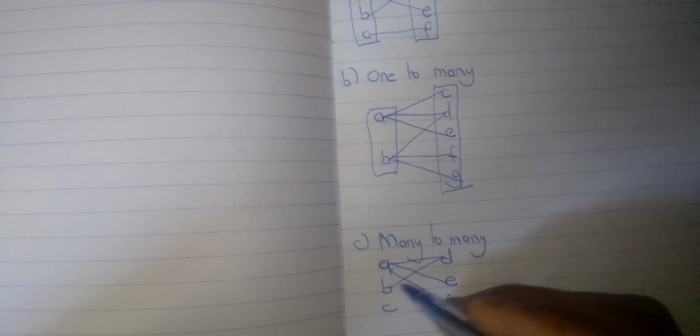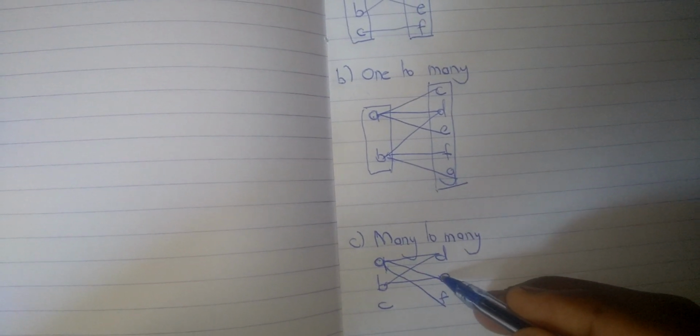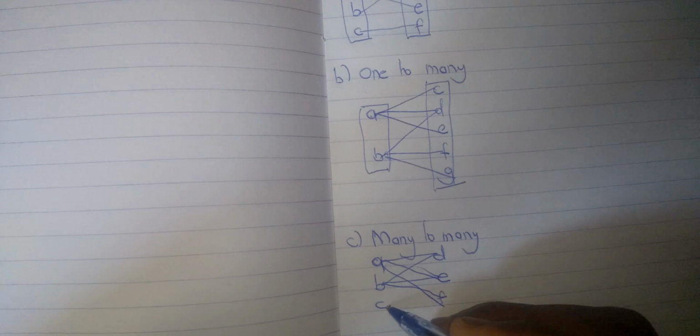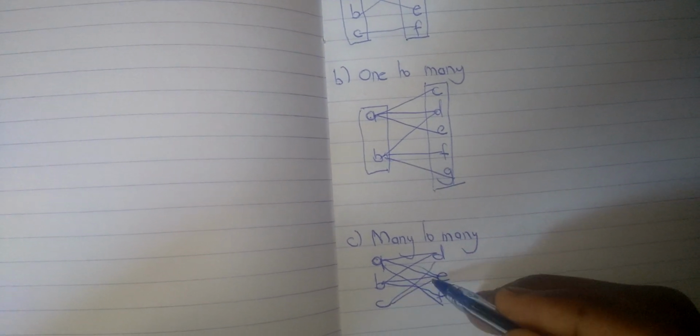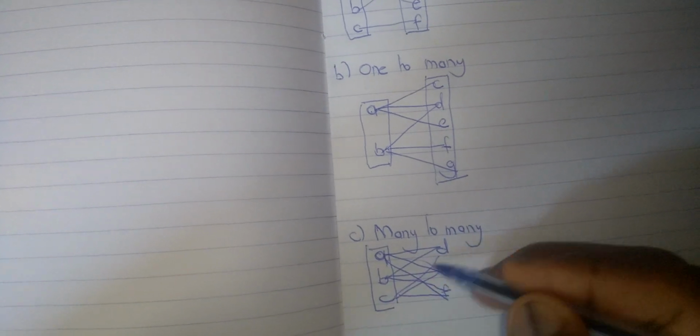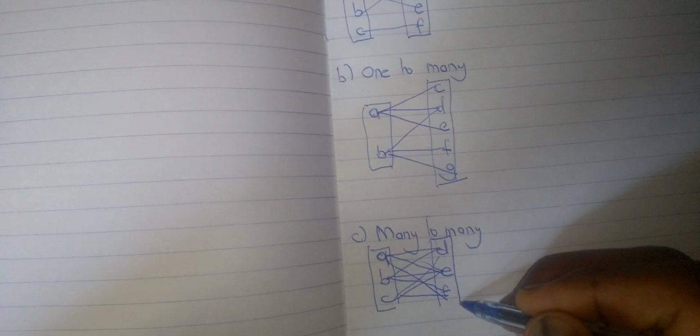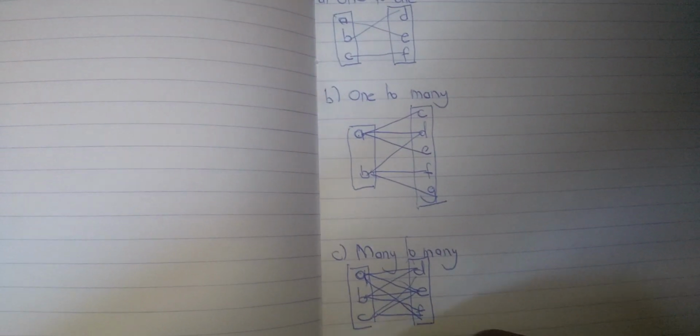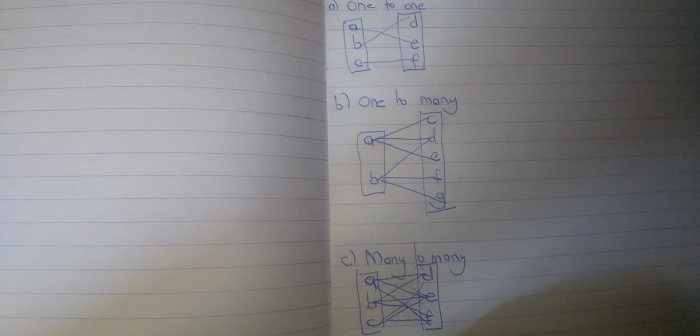Still this is mapping to this, maybe this, and also mapping to this, maybe C to that, to this, and again to that. So this is what we say many to many mapping.